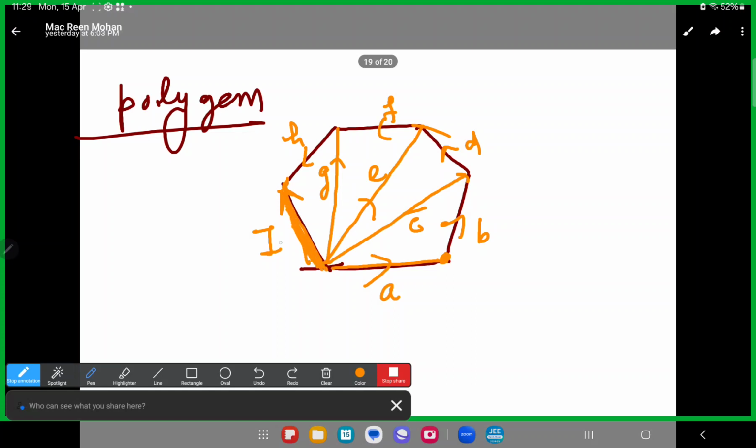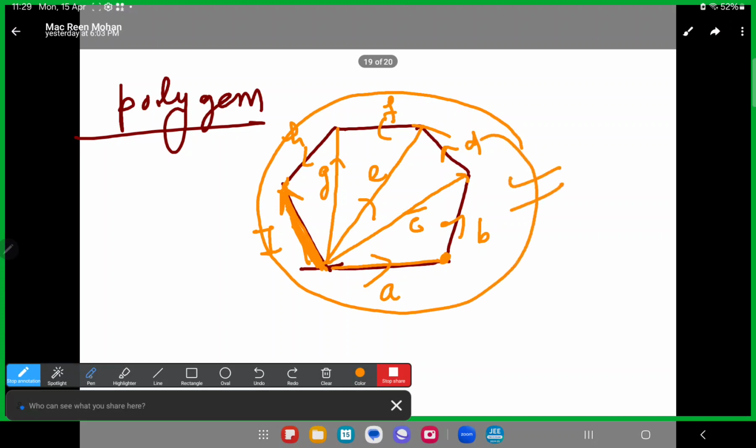So here we can say A plus B plus C plus D plus E, adding all together. I thought you have understood what polygon means. Polygon means more than two sides, so we will deal with it like this only.